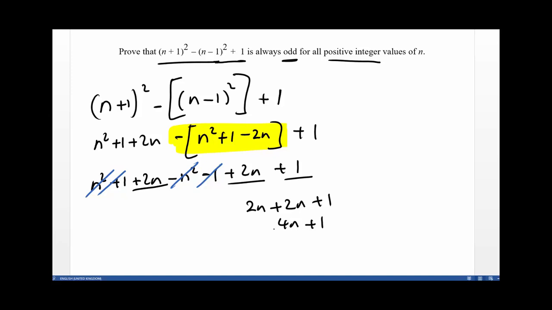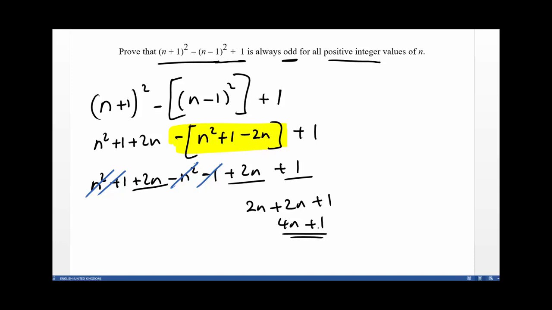So, first of all, is this answer positive? Yes, because it doesn't have a negative sign in front of the 4. Is this answer an odd number? Well, I know that 4n is positive and even, but then we've got a plus 1 on the end, that means there's a remainder of 1.